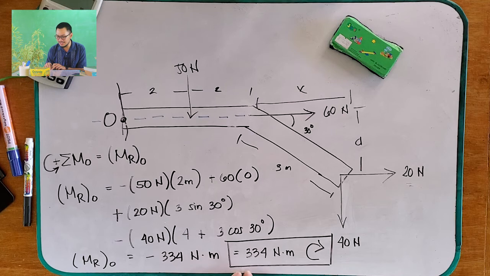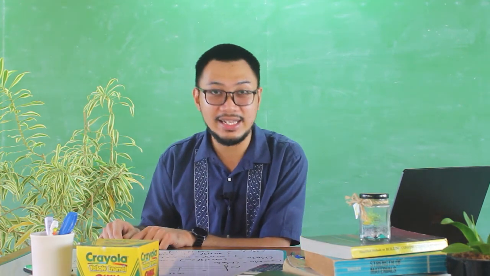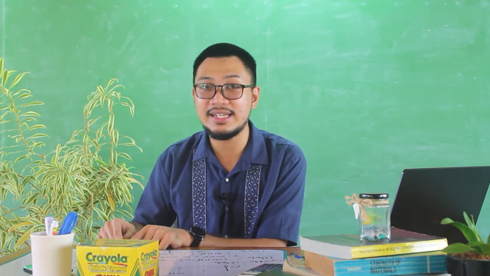So, we can just change the sign to positive, then change the direction, which is clockwise. Understood? So this one now is a vector because we have a direction. So that is just how moment works.